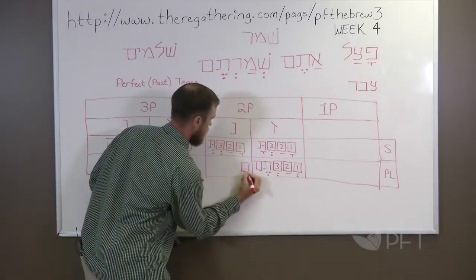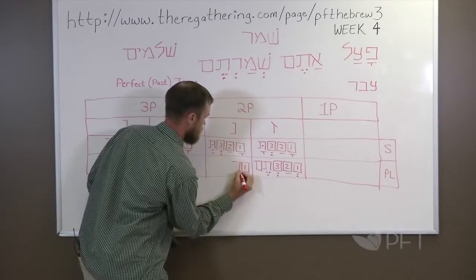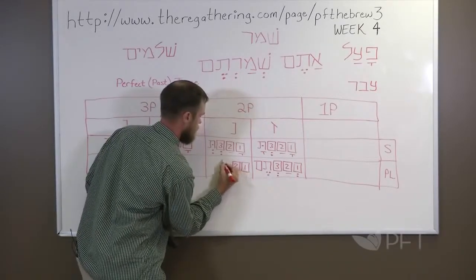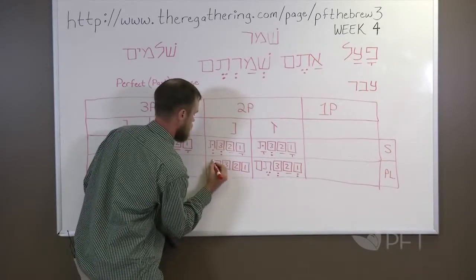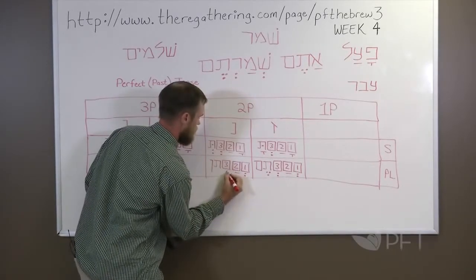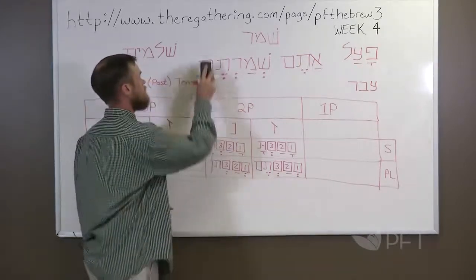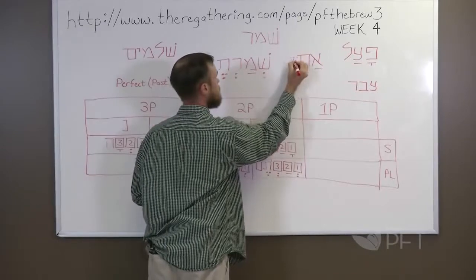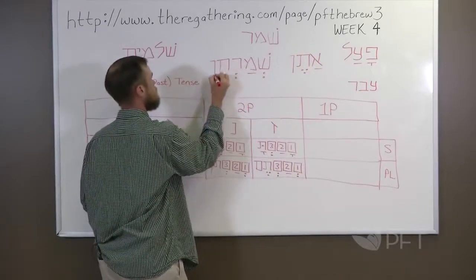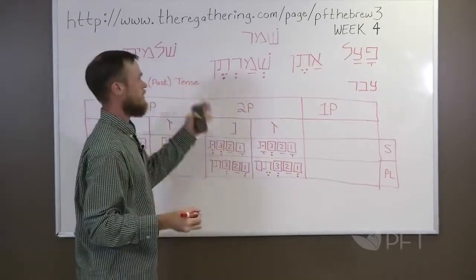And the feminine, second person, plural. Easy to make this transition. Aten shamarten.